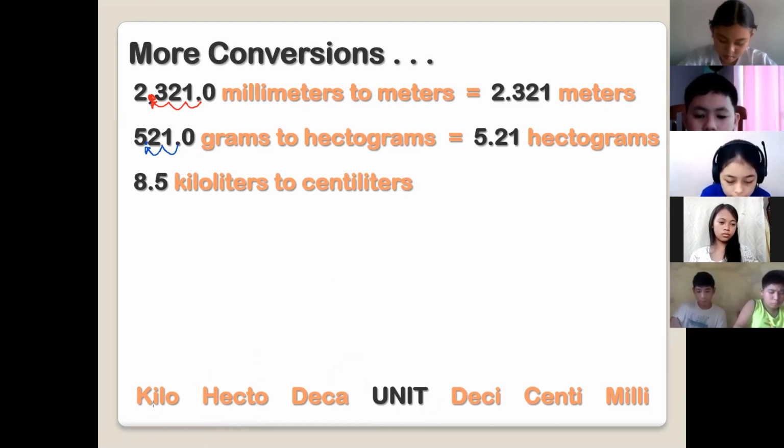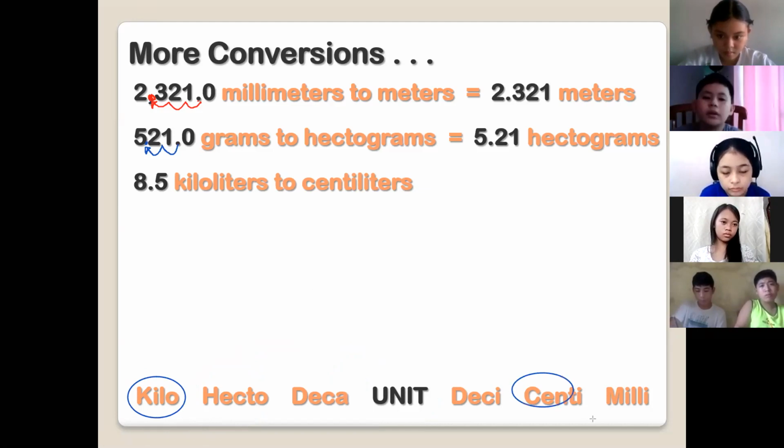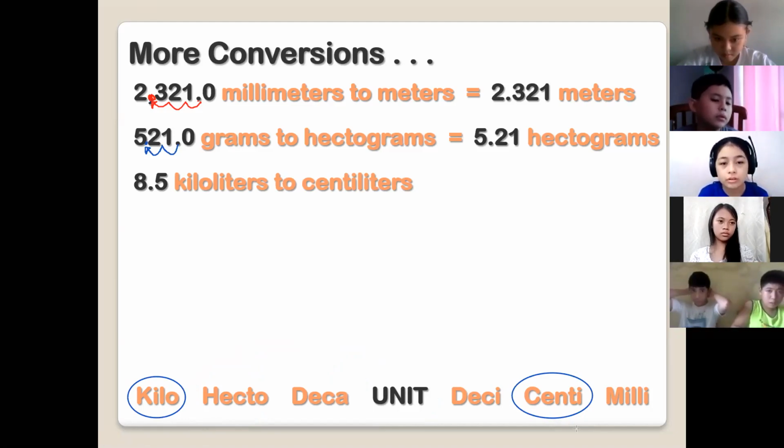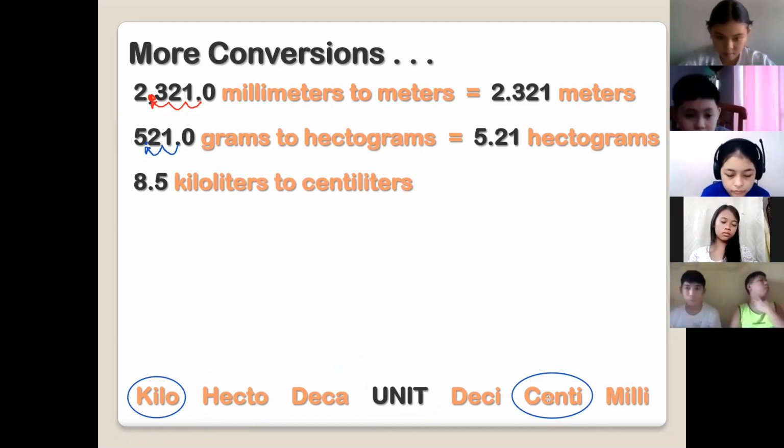So the given is kiloliters. The target is very far away, centiliters. I already encircled the given and target units, Angel. What is left for you to do is to count how many times you're going to move the decimal point from kiloliters to centiliters.